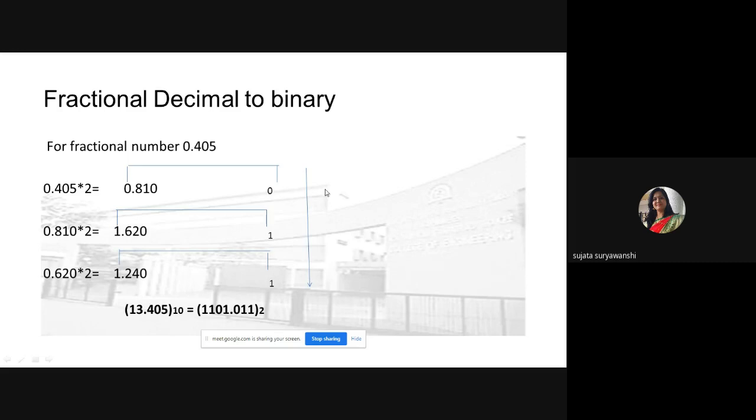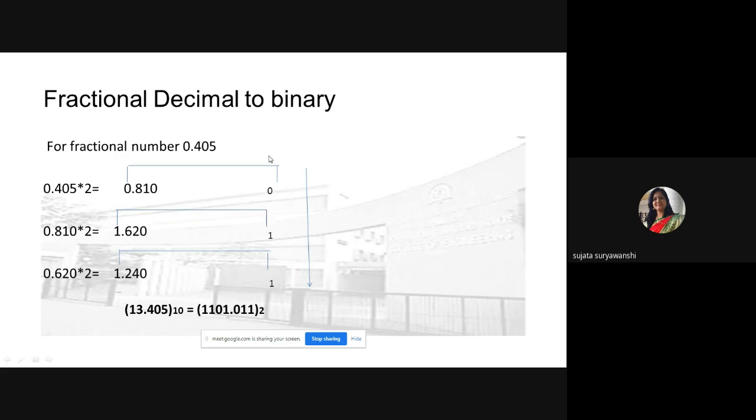You can stop here or do one or two more successive multiplications. While writing the carry, you need to use the forward direction. So here you write this carry 011 in the forward direction only. In case of remainders, you write them in the reverse order, from bottom to up.